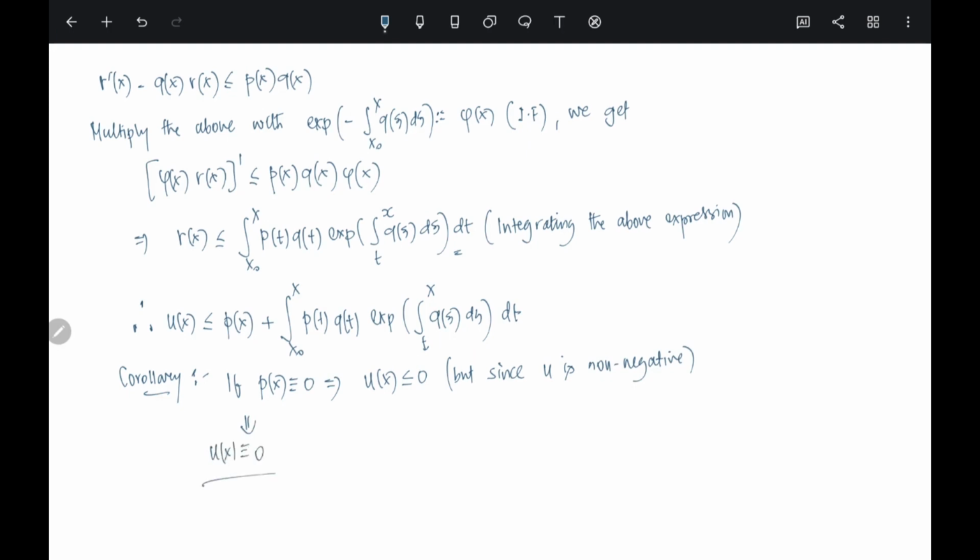Clear? Now another corollary which I am writing without proof. What I need you to do is please check this corollary. You have to do it yourself.